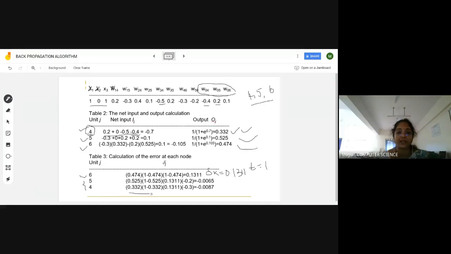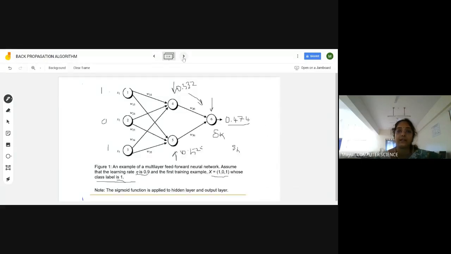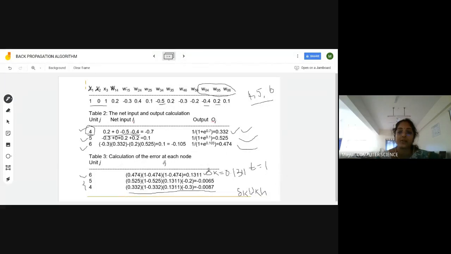Then multiply by WKH into del K. Del is the error, the error at the output, which we just calculated as 0.1311.